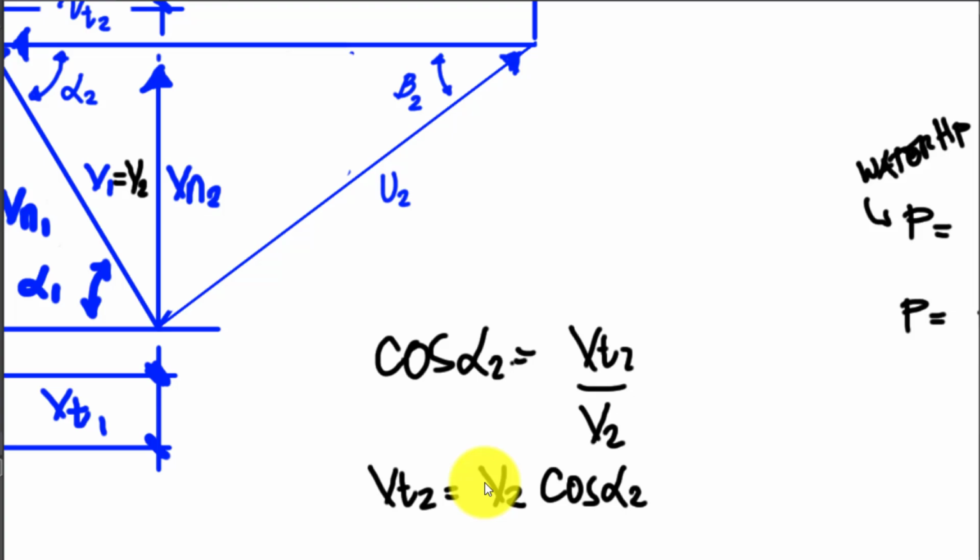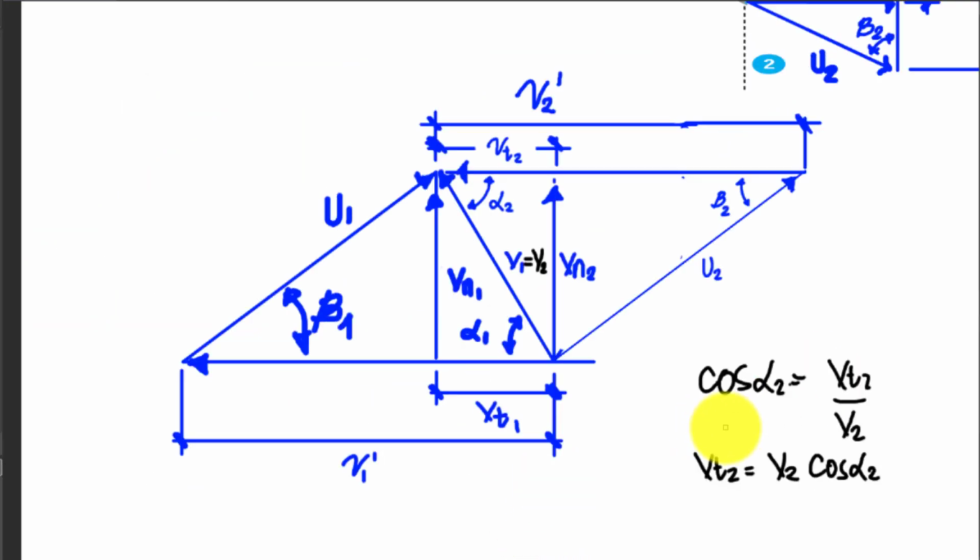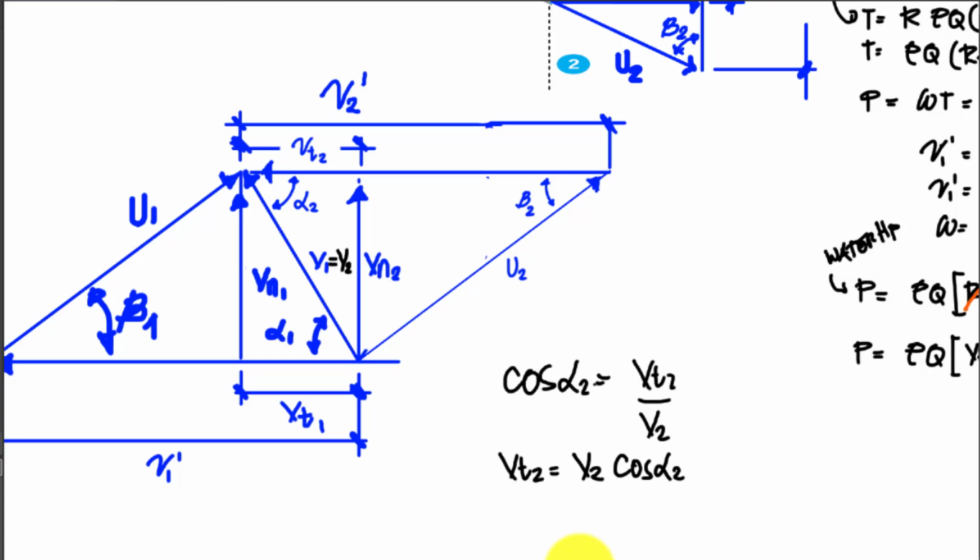And we can substitute this into the equation later on. So let's also get the tangential velocity at point 1. And let's try to do that one. Again, this is cosine, no? So for this side, that will be cosine of my alpha.